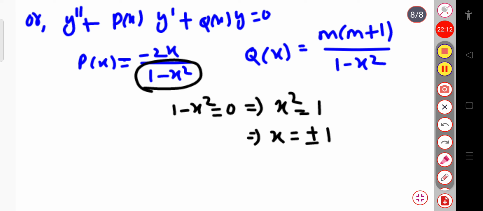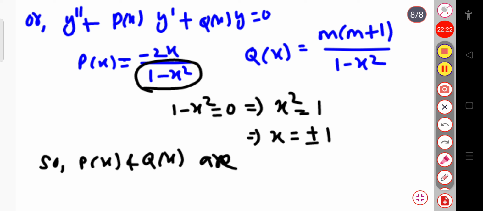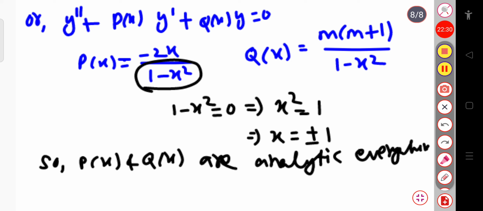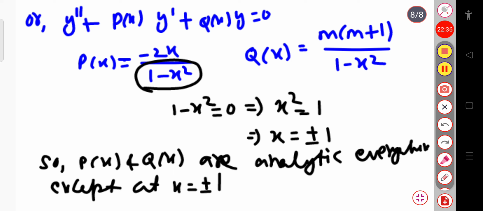So we can say that p of x and q of x are analytic everywhere except at x equal to plus or minus 1, and that is called the singular point.